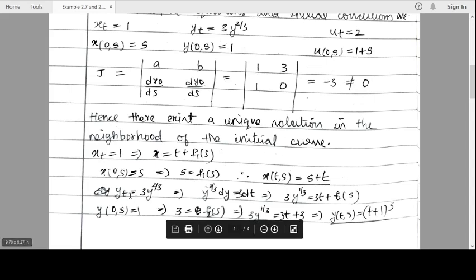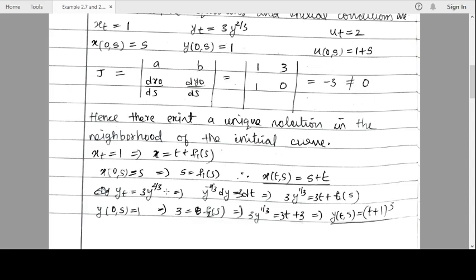Now the other equation is y_t equal to 3y to the power 2/3. When you separate this, you will get y to the power minus 2/3 dy equal to 3 dt. When you integrate this, we will get 3y to the power 1/3 equal to 3t plus f2(s).